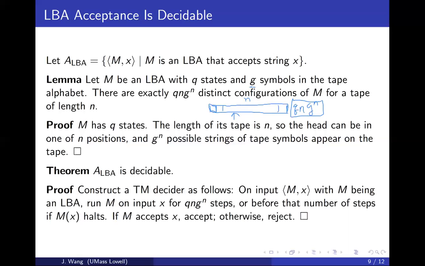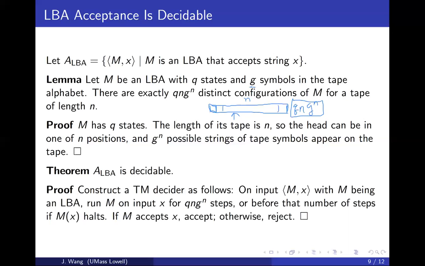Then we can show that A_LBA is decidable. Here's a proof. We construct a Turing machine decider as follows. Once again, decider means that for any input, it always halts.